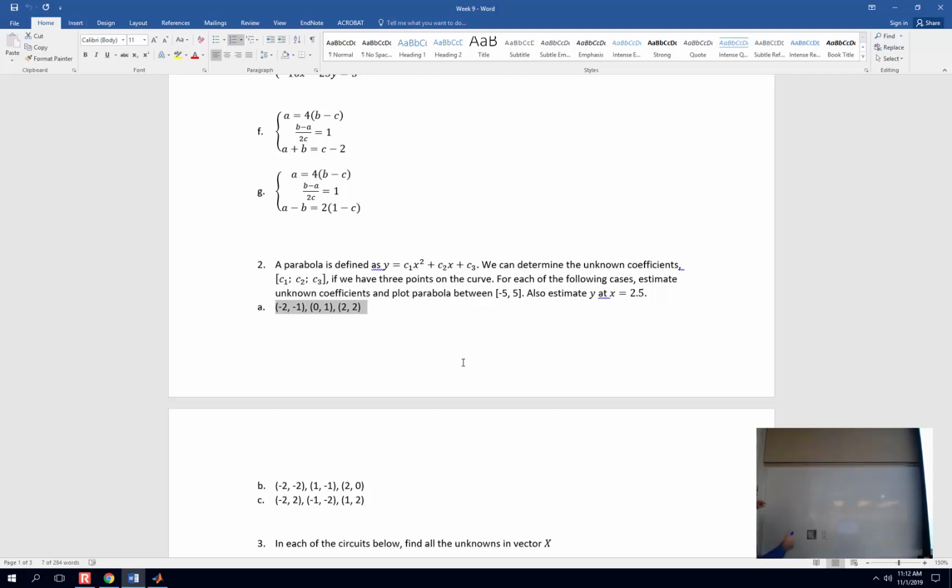I have negative 1 equals c1 times negative 2 squared plus c2 times negative 2 plus c3. For the second one, we have 1 equal to c1 times 0 squared plus c2 times 0 plus c3. And then I have 2 and 2.